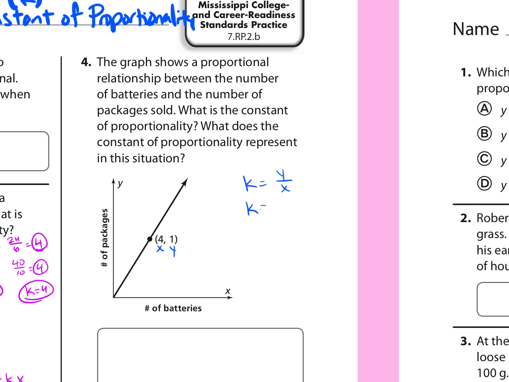So I'm going to plug that in and say, well, y is 1, x is 4, so the constant of proportionality is 1/4. What does it mean here? Let me say that a different way. Each package, because it's saying one package has 4 batteries, so each package has 4 batteries.